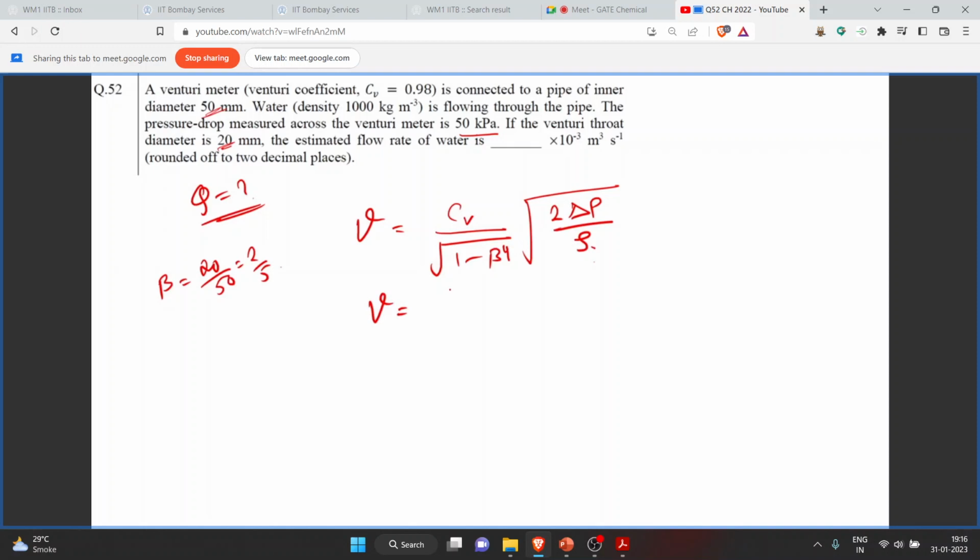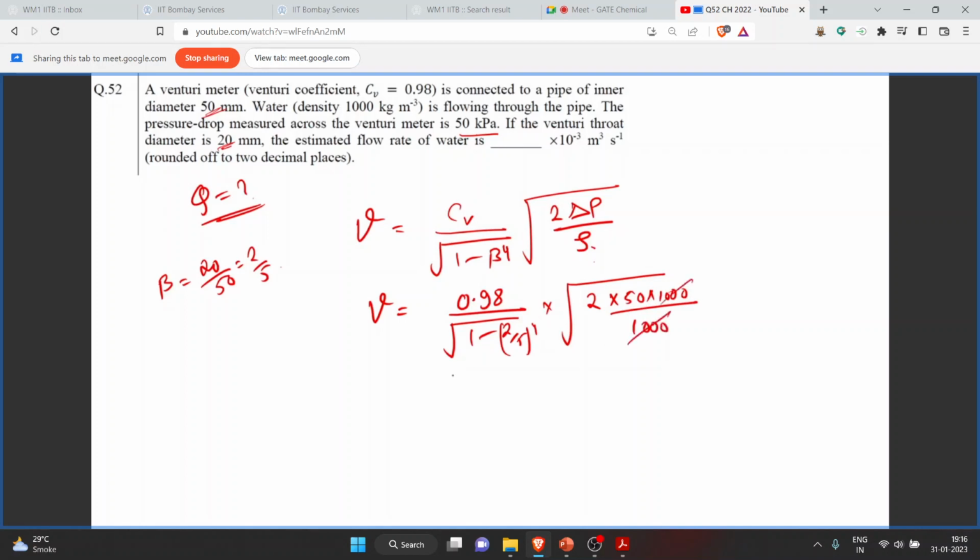We will be getting CV is 0.98 upon 1 minus 2 by 5 raised to 4, into under root of 2 into 50 kilopascal, that is 50 into 1000, upon density, which is again 1000.